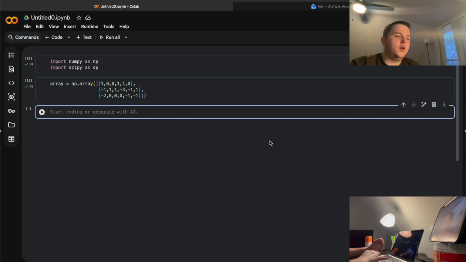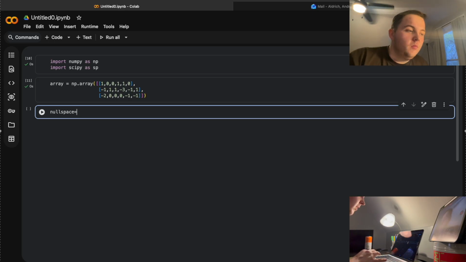Okay, so our next part is just going to be doing some linear algebra to make the null space. So what we need to do is define null space, and we're going to do that by using a linear algebra command built into either numpy or scipy.